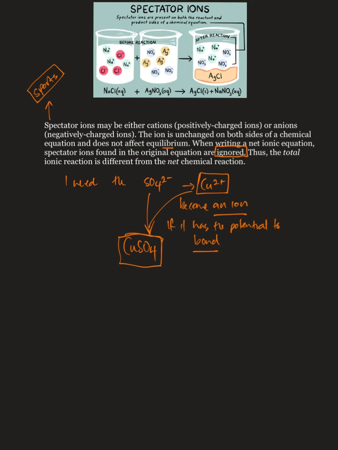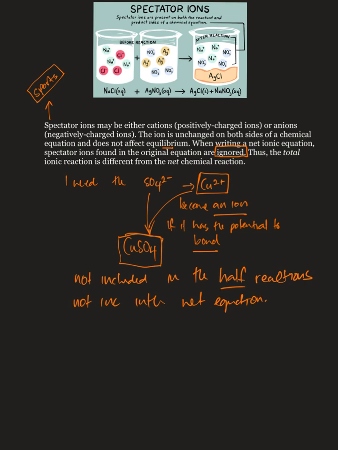So when we write out these equations, you'll notice that it is not included in the half reactions. That's important. It's not included in the half reactions, and it's also not included in the net equation. Right.